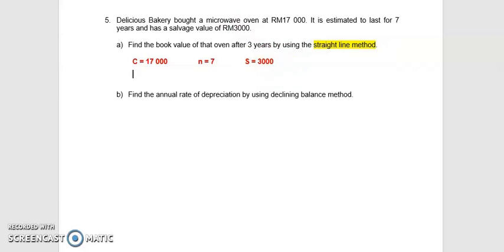In the straight line method, before we can find the book value, we need to know the annual depreciation, D. So we find D first.